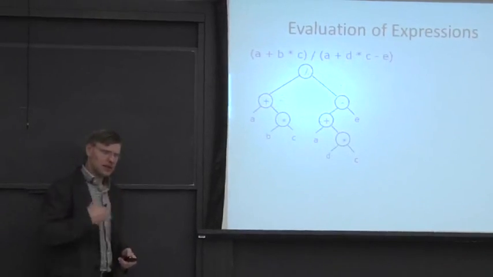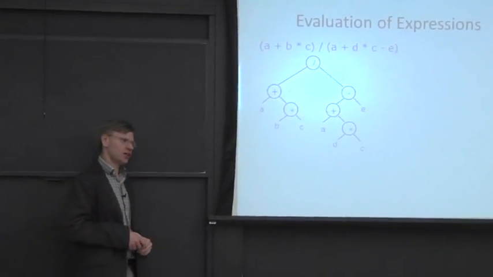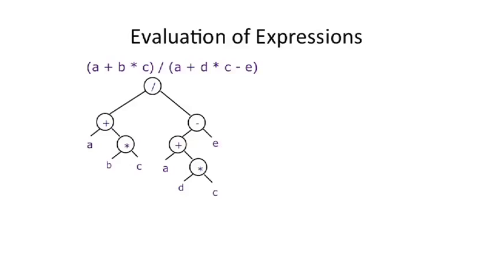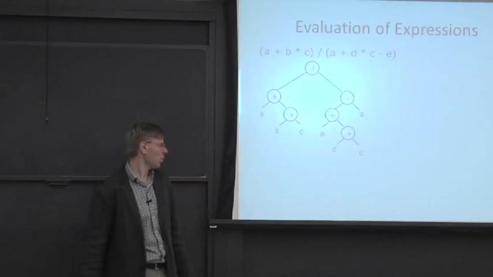Let's take a stack-based instruction set architecture and look at how you can go about evaluating an expression. Here we have an expression, a plus b times c, all in parentheses, that whole quantity divided by a plus d times c minus e. So it's some complex math operation that we need to do.